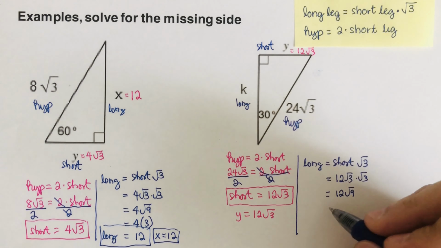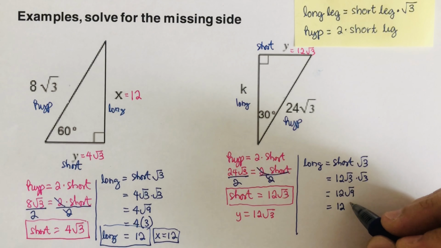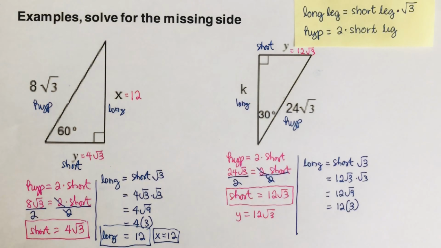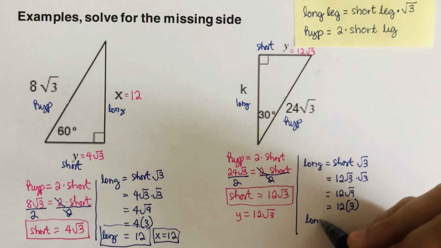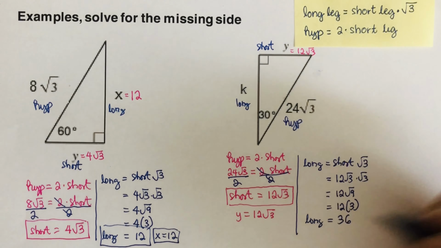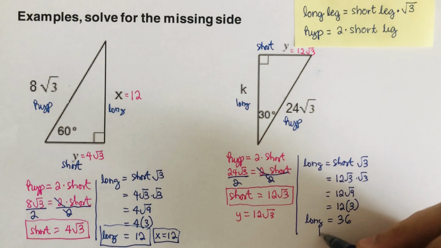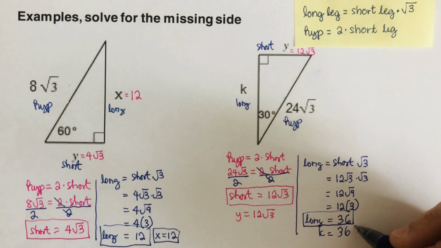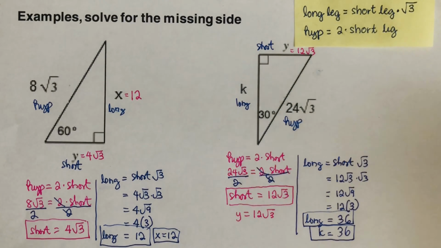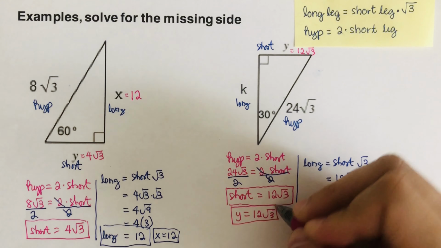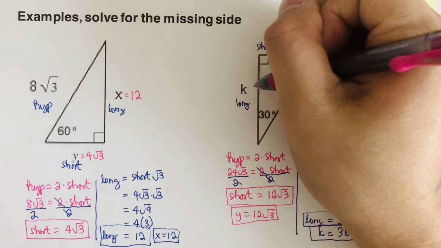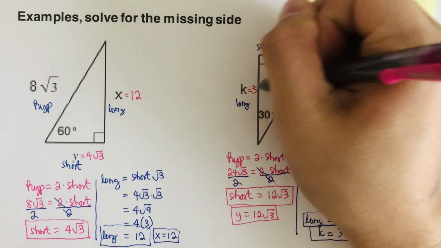So that means this is 12 times 3 because square root of 9 is 3. So then the long side is 36. So this is represented as letter K is equal to 36. So these are the two answers here. So then we can go ahead and label this one to be 36. So this is 36 right here.